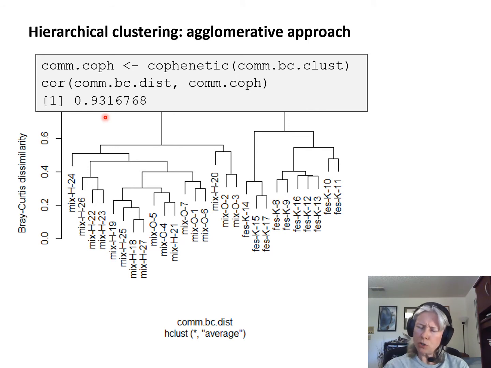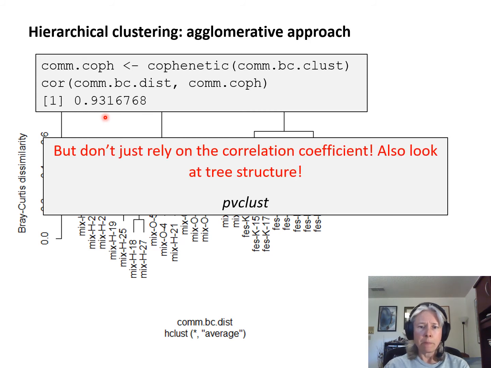But you shouldn't just use the correlation coefficient because the average linkage method generally produces a higher correlation than other agglomerative methods. So don't just look at this number. You also need to look at the tree structure to see whether or not it's logical. And there is actually a package called pvclust that allows you to statistically examine each branching on a dendrogram.